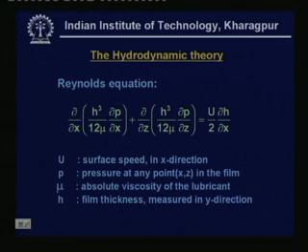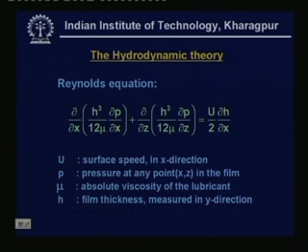Good day. We continue our lecture on design of shafts, and this is lecture number 35. In the last class, we have been discussing the hydrodynamic theory of lubrication. So, what in short I have written is hydrodynamic theory.